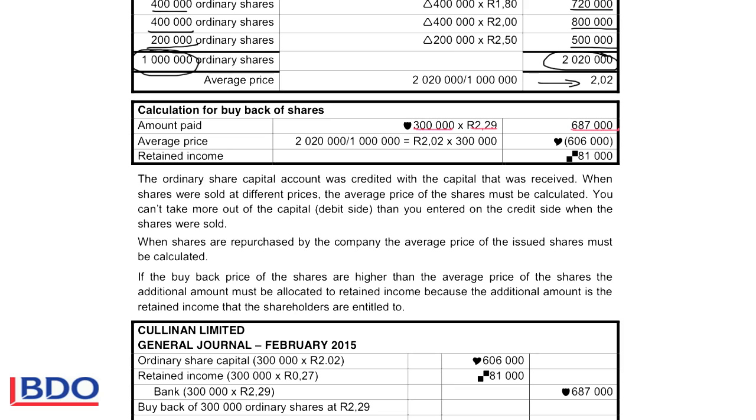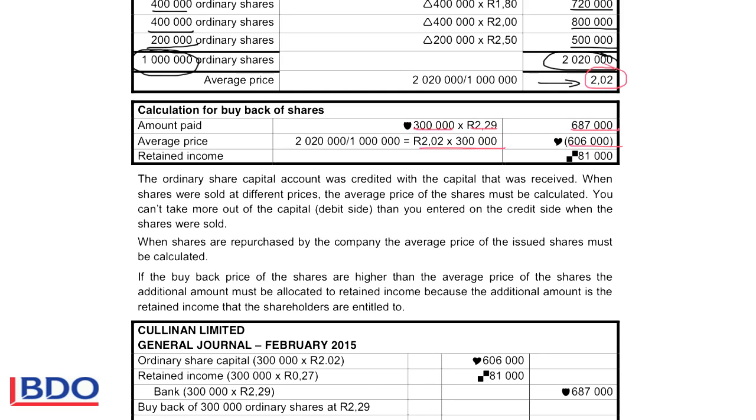And in the capital account, you cannot reduce it with more than R2.02, because when you sold the shares, you credited the capital account with the money received, and that gave us an average on the credit side of R2.02. So the average price, R2.02, will be multiplied with the 300,000 shares, and that will give us 606,000.